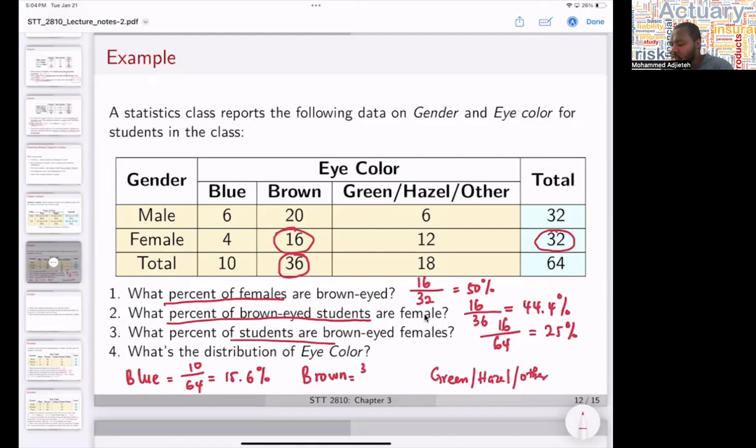That is going to be 36 over 64. And that represents 56.3%. How many of them are green or hazel? 18 over 64. And that represents 28.1%.